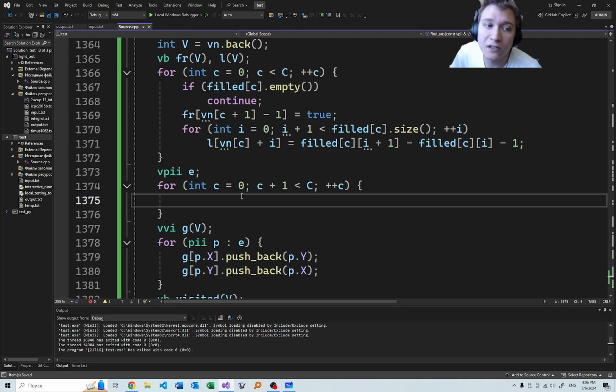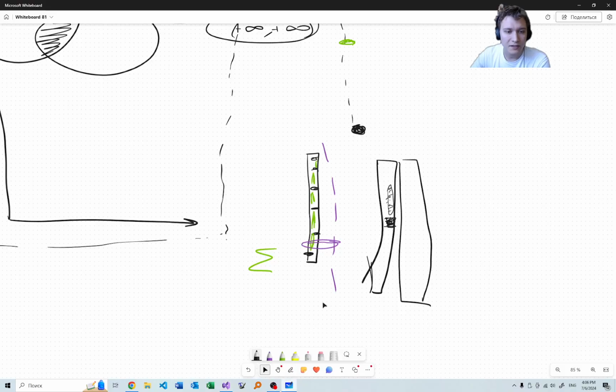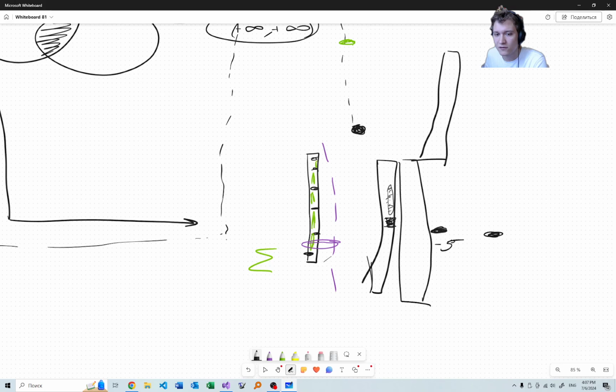Good. So actually we only need this thing. We need to create a graph. And this is the hardest part, I believe. Okay, so let's keep track of the last seen stone. For example, here it is minus 5, and here it is also minus 5.